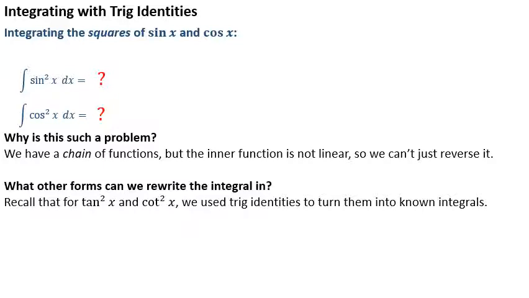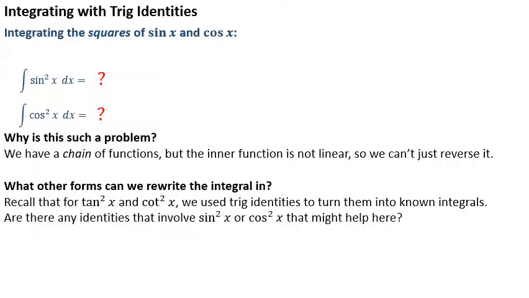So perhaps there's an identity we can use to help us with sine squared and cos squared. Have a think, see if you can come up with anything, and when you've given it a go, whether you've managed to succeed or you've hit a dead end, come back to the video, let's see where we go.